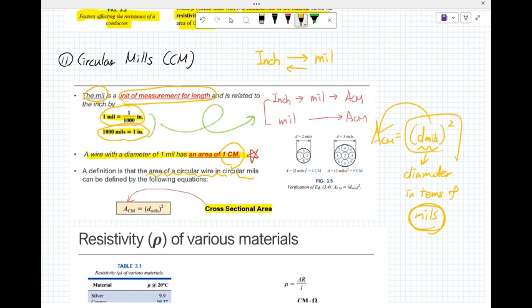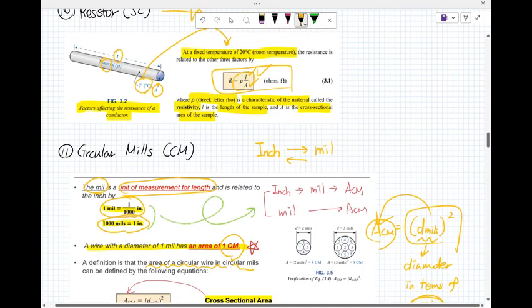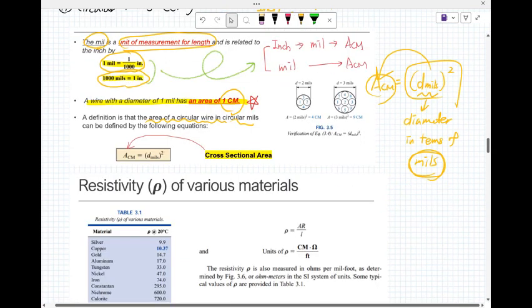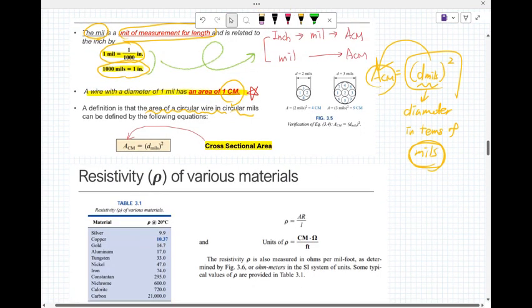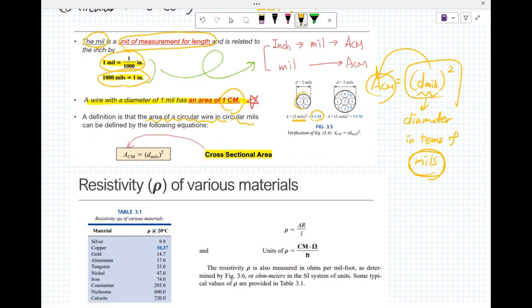That is the area A sub cm for A in the resistance formula. For example, a diameter of 2 mils is 4 circular mils, and 3 mils squared is 9 circular mils.